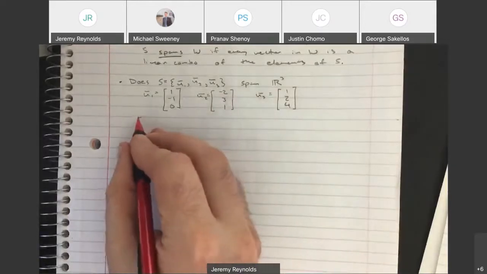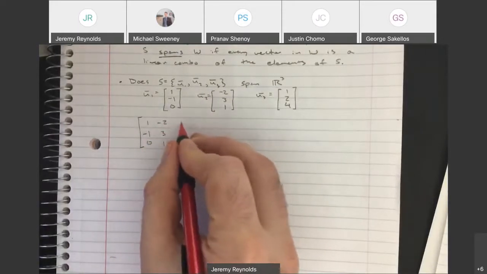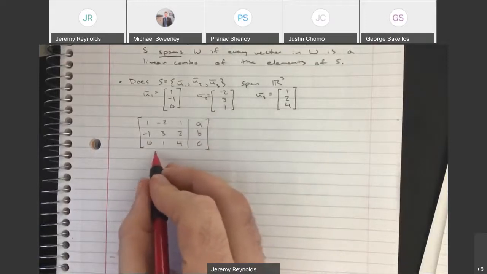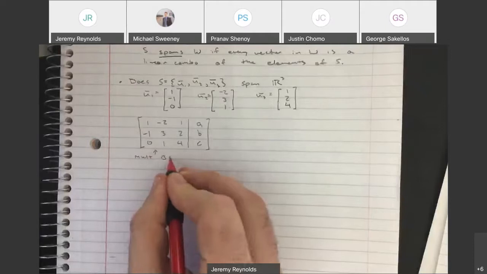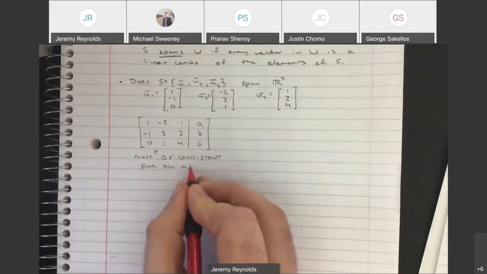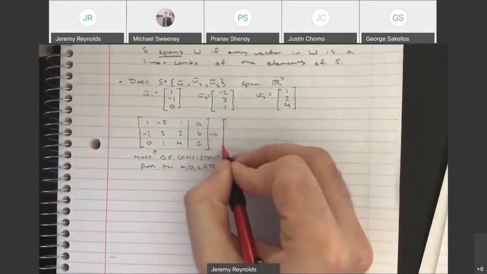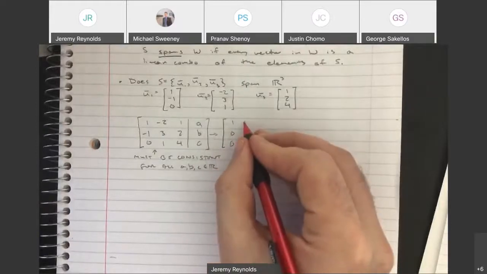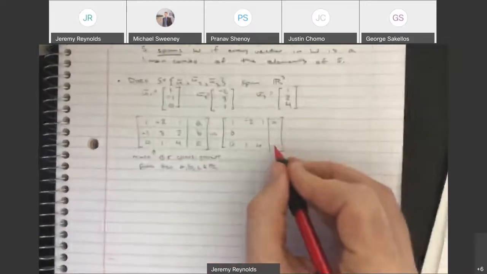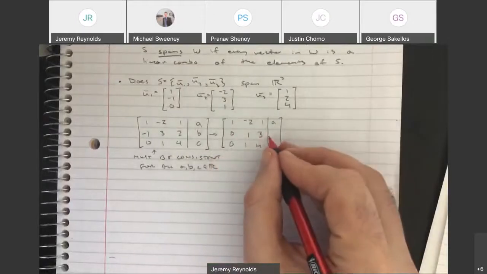So what that means is that if we create our augmented matrix, and we have some A, B, C, then this must be consistent for all A, B, C elements of R. So if we do this real quick and break down the matrix, we get rid of that second row so that we add them together, 1, 3, and a plus b.